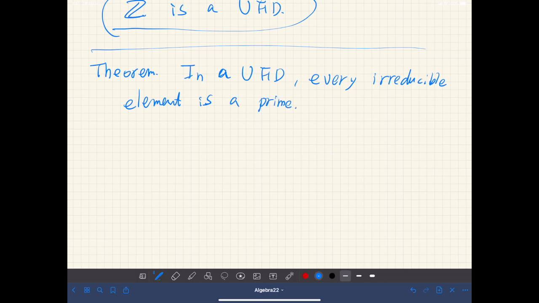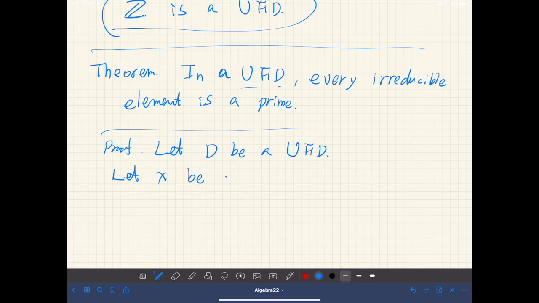So in a unique factorization domain, the converse of the previous theorem holds. Now let's prove this. Let D be a unique factorization domain, and let X be an irreducible element.